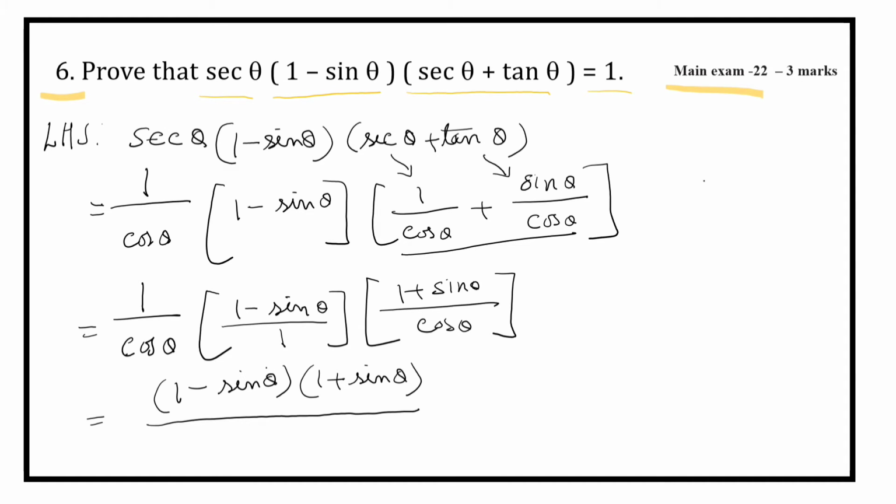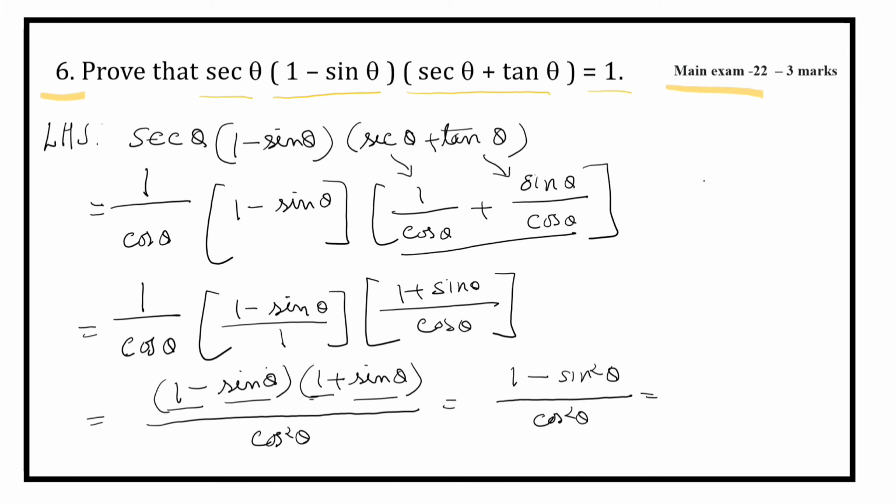Cos theta into cos theta. What is it? Cos square theta. This is equal to, apply a square minus b square formula. A plus b into a minus b. What is it? A square minus b square. 1 square is 1. Sin theta the whole square is sin square theta by cos square theta.